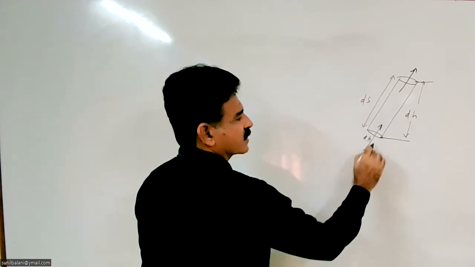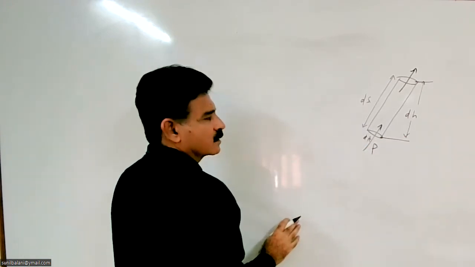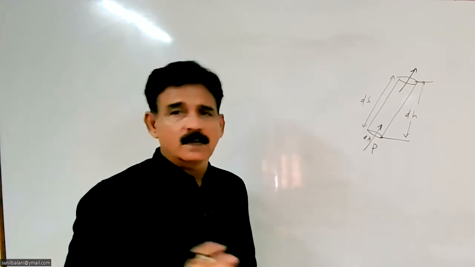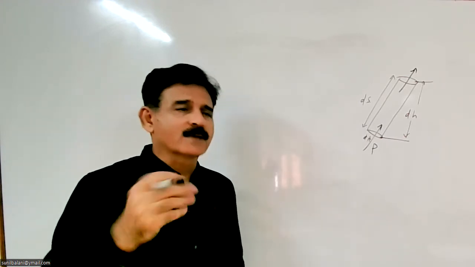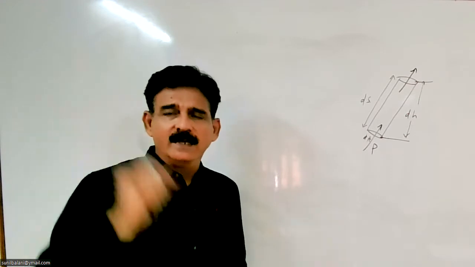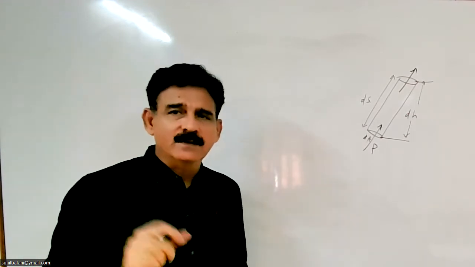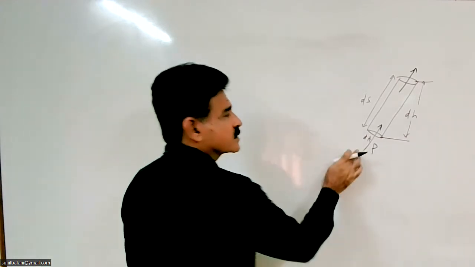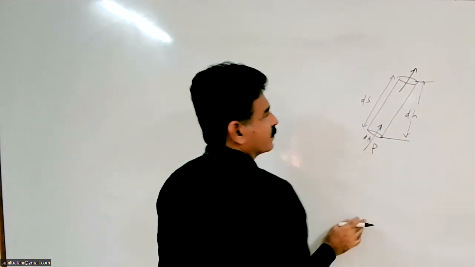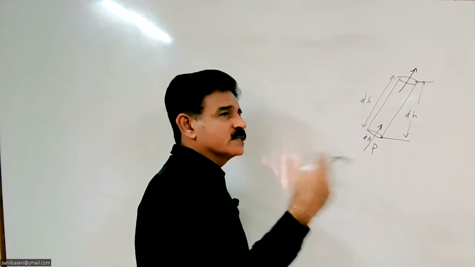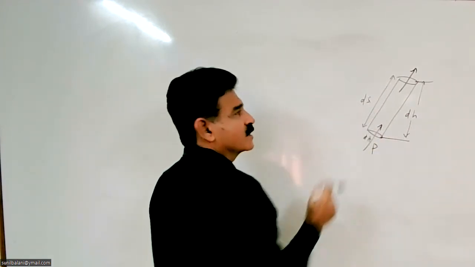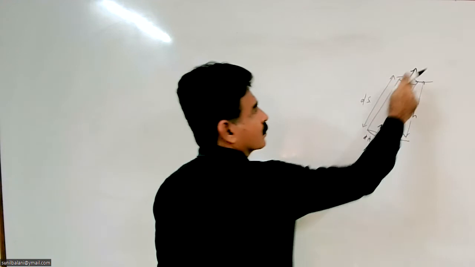If I take the pressure here to be P, then, as in electromagnetic waves, where I used this same concept when something in the electric field was changing and I calculated the equation for E equal to BC, the same applies here. So if you have to write the pressure, and the rate of change of pressure with respect to s is given as dP by ds, what will be the pressure here?